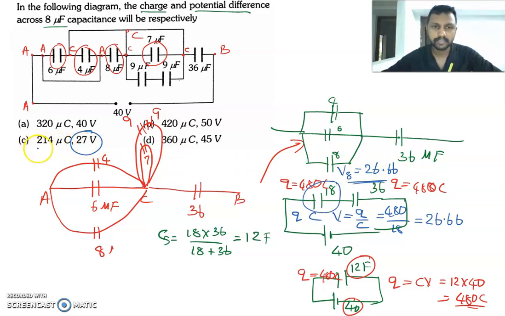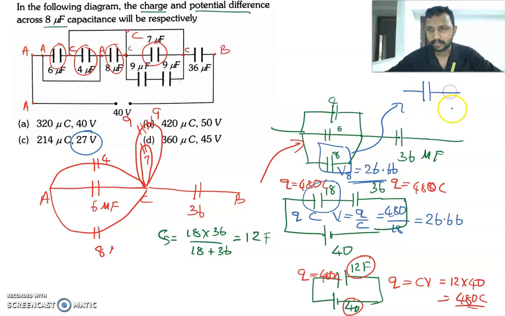Then let's find out the charge also. In order to find the charge on this capacitor, let's redraw that capacitor situation. We know the capacitance is 8, and the potential is 26.66.